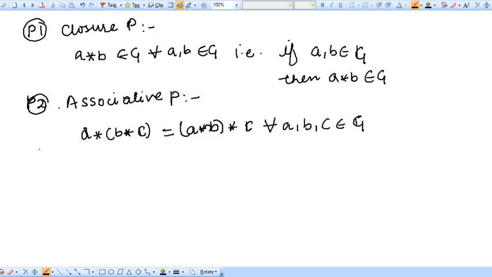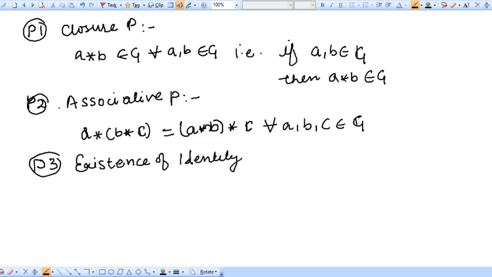Thirdly, property 3 is existence of identity.